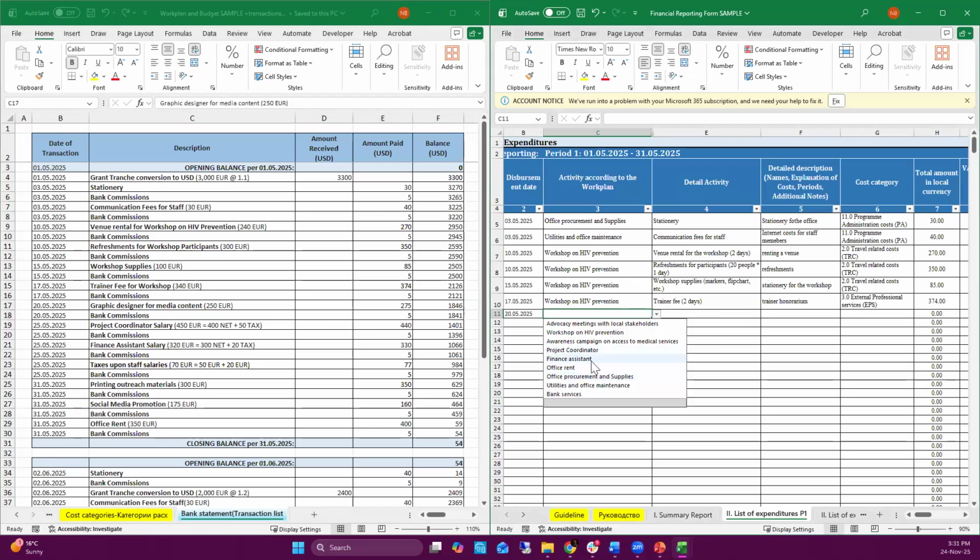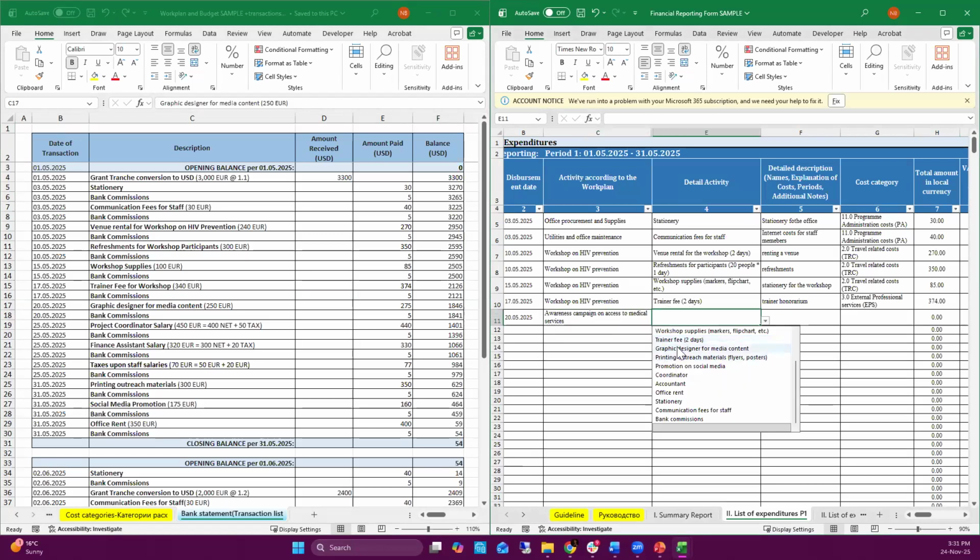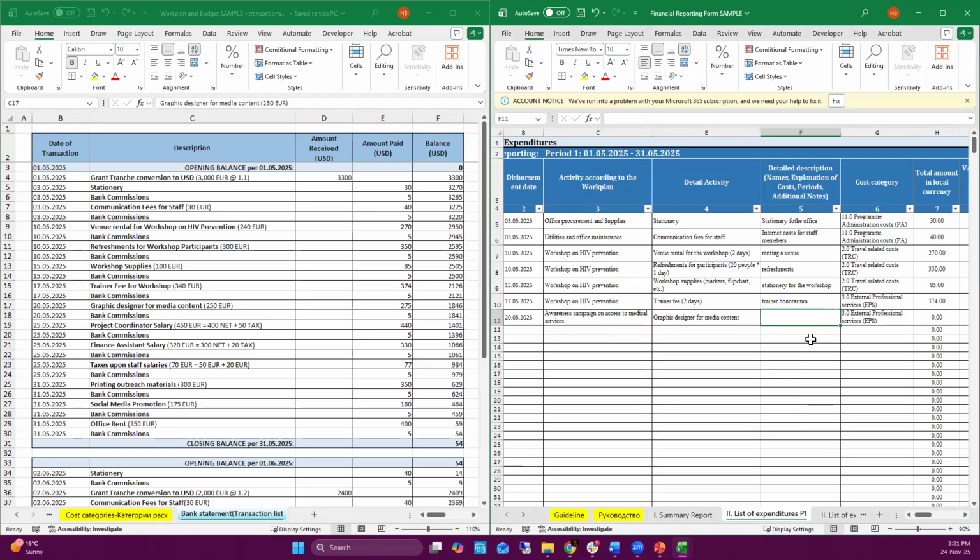And so we choose here the respective activity. It was the awareness campaign. Here we find graphic designer, designer's fee, which is 275.